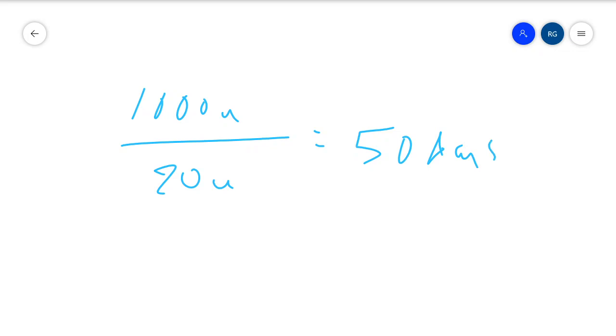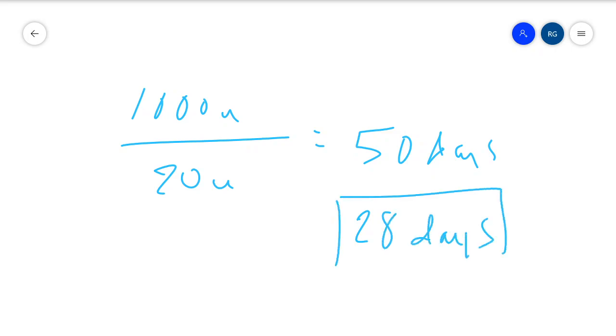Look back on the table. Lantus is only good for 28 days, so we can't leave it at 50. We have to discard it after 28 days. So that's your answer. Even though it'll last 50 days, we have to discard the insulin after 28 days. So make sure you look back at the table, okay?